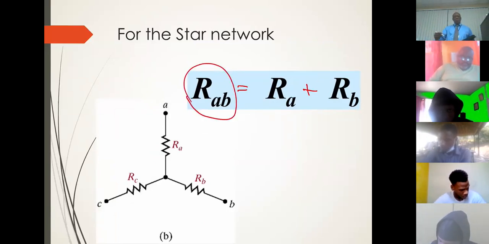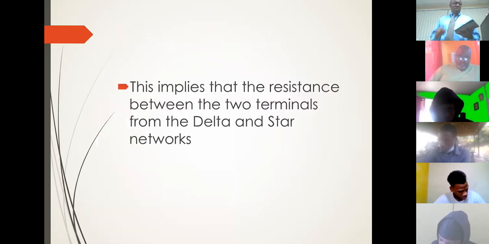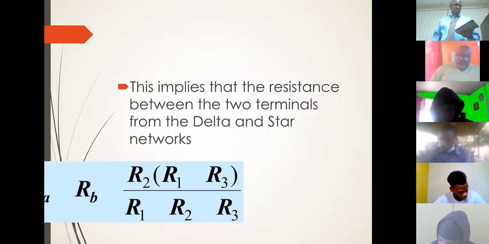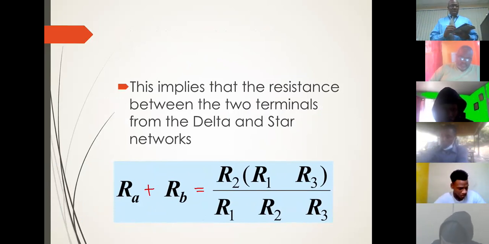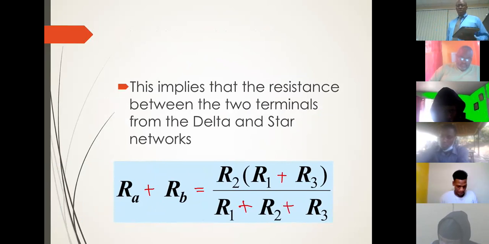We spoke earlier about the networks being equivalent, so we can equate those two. Which means that RA plus RB is equal to R2 in parallel with R1 and R3 in series, which would be product over sum. So it's R2 into R1 plus R3 over R1 plus R2 plus R3.